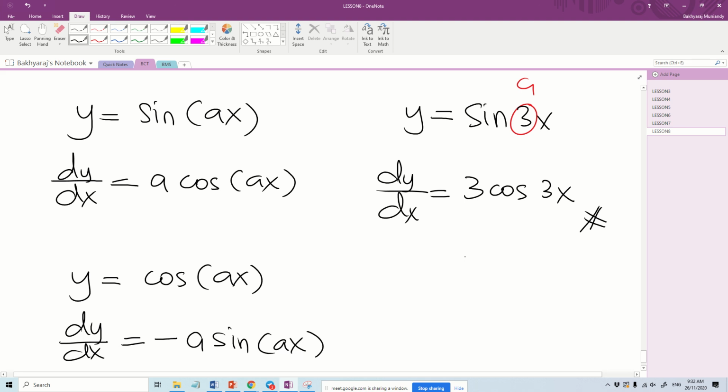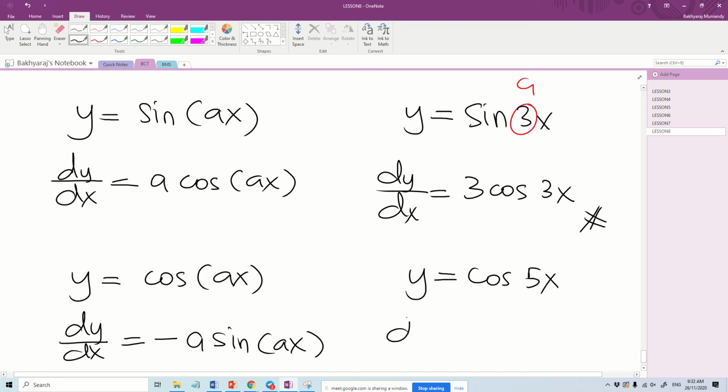So I give you another example, same like this. y equal cos 5x.